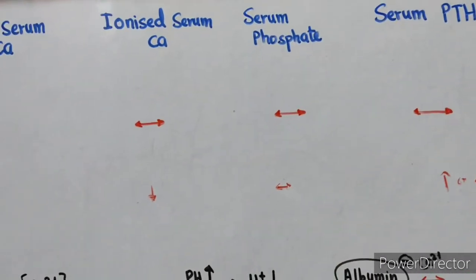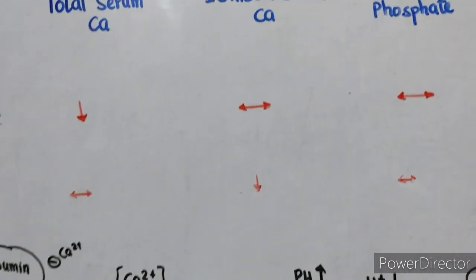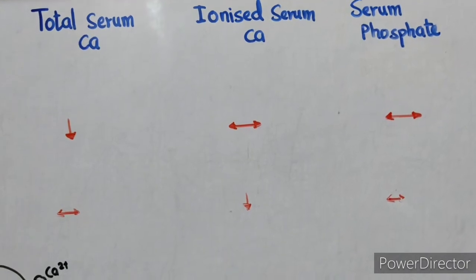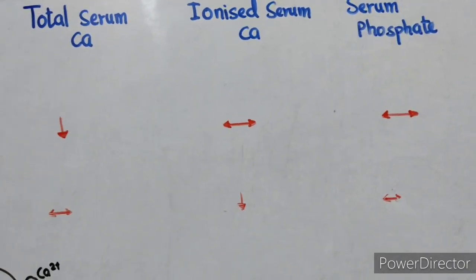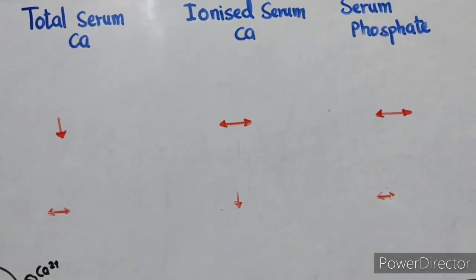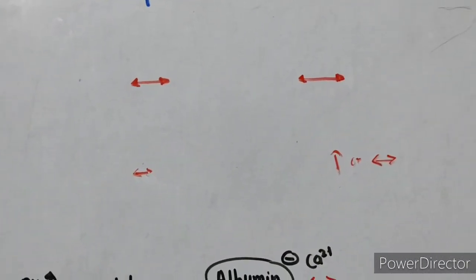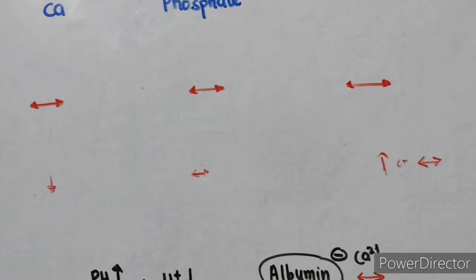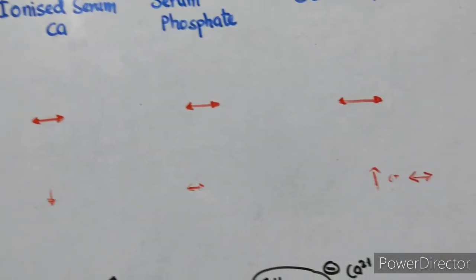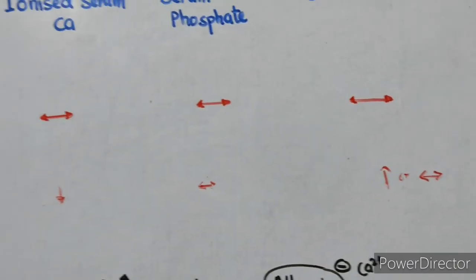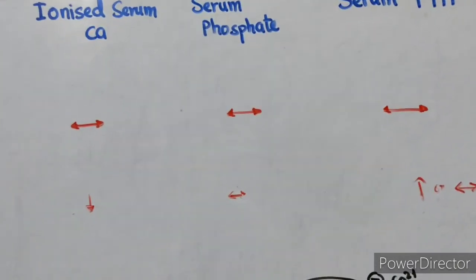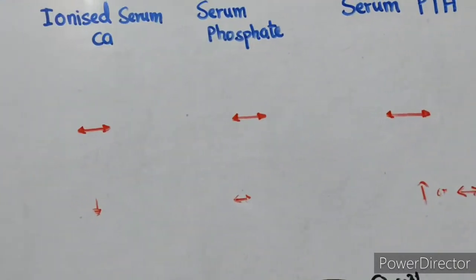And serum phosphate, then since ionized serum calcium is less, it will have less negative feedback effect on parathyroid hormone, due to which parathyroid hormone will be normal or will be elevated. But elevated parathyroid hormone cannot change serum phosphate. Actually, parathyroid hormone must be able to decrease serum phosphate, but it is not so high that serum phosphate will be decreased.